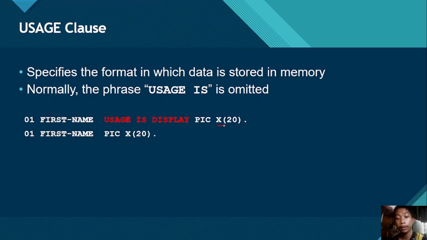So meaning it has an array of size 20, can store the size of 20 for the first name. And since it is omitted, we can just display first name pic X parenthesis 20.